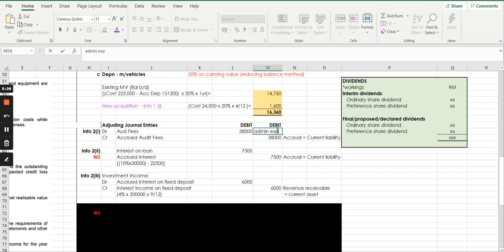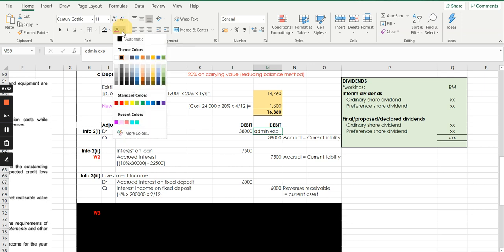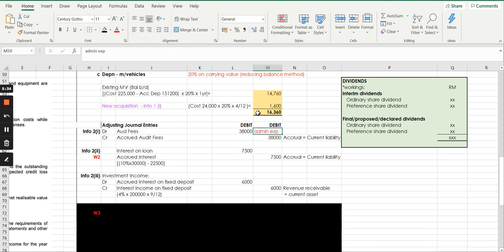So admin expenses will have to be increased because audit expenses are part of admin expenses. The accrued audit expenses are your current liability. So later in your statement of financial position, you must include this as a current liability.